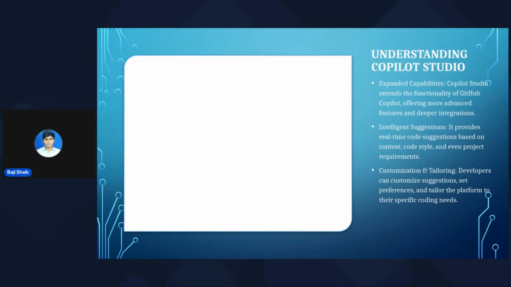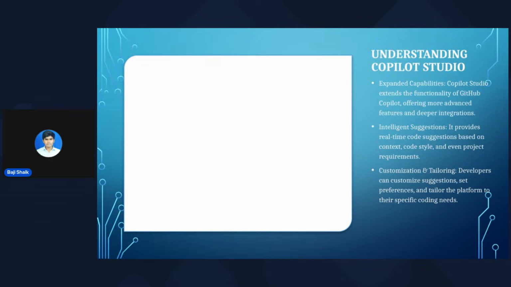But in Copilot Studio, you can do the project the same way, and if you have any query regarding it, you can just access the Copilot which is available next to you.